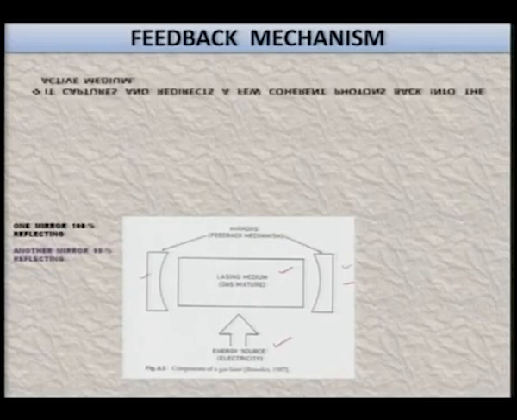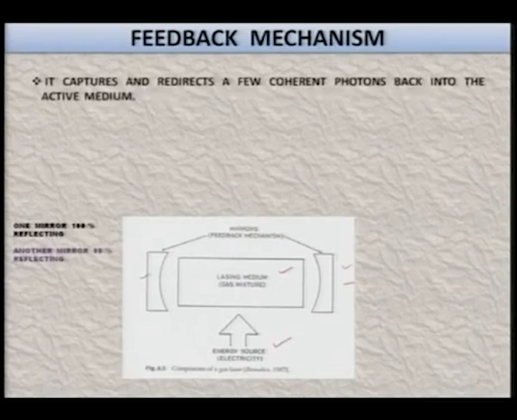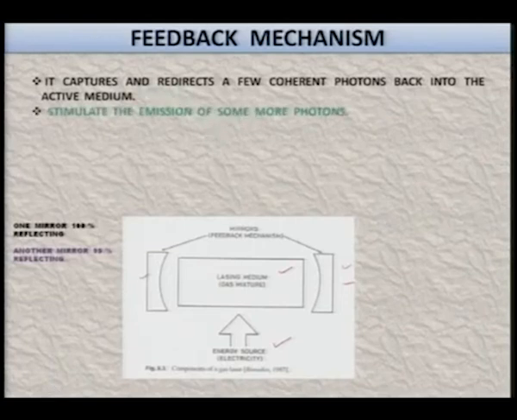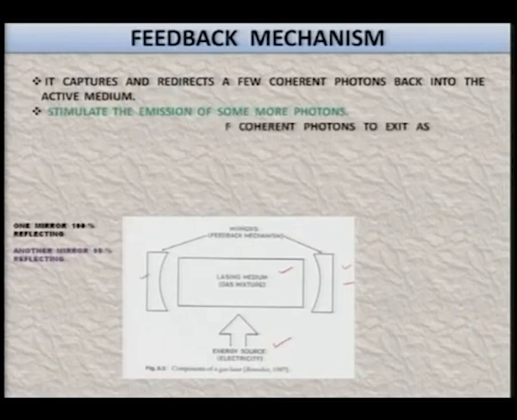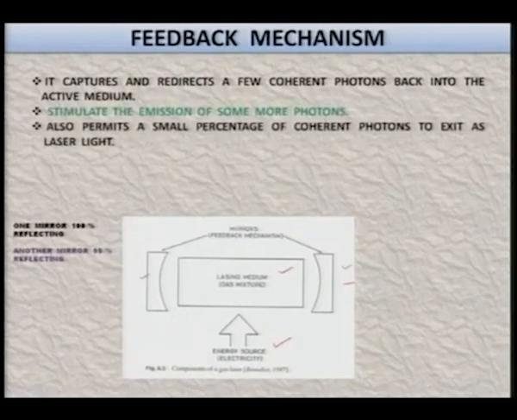So, what happens in the feedback mechanism is that it captures and redirects a few coherent photons back into the active medium, that is the lasing medium. Then it stimulates the emission of some more photons, that I have already explained as a chain reaction.